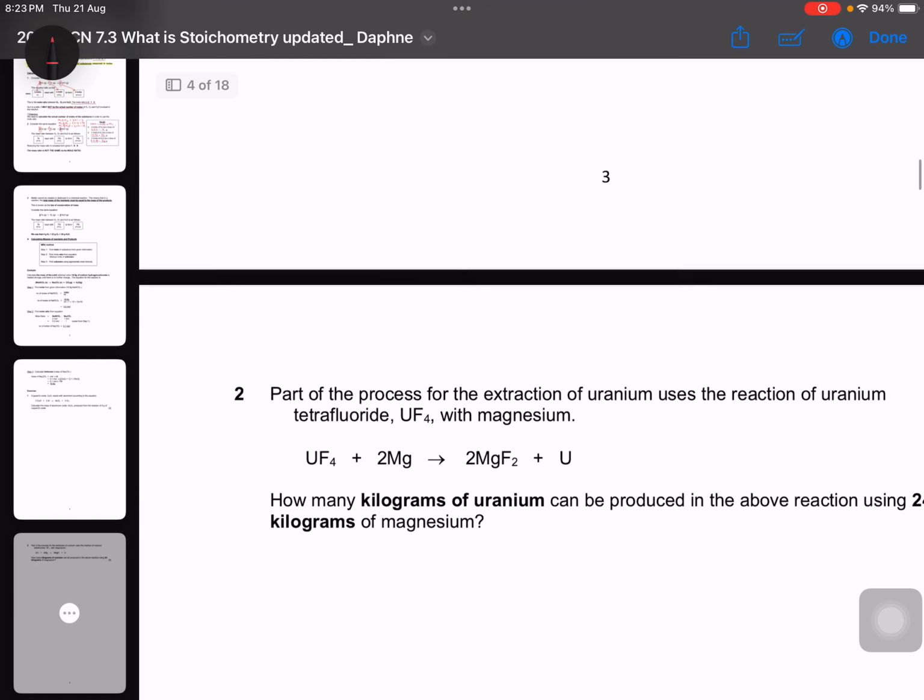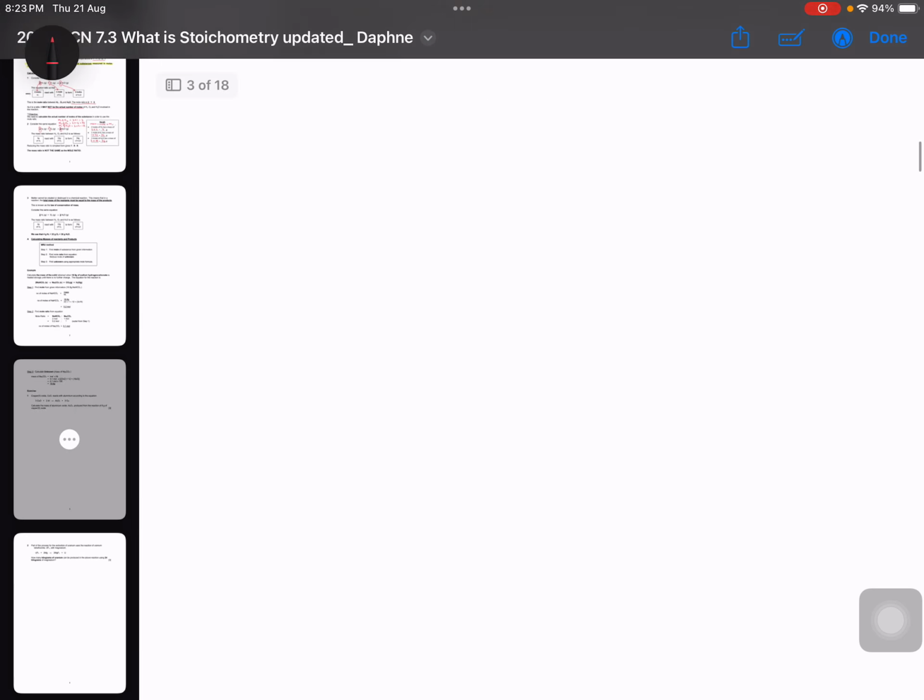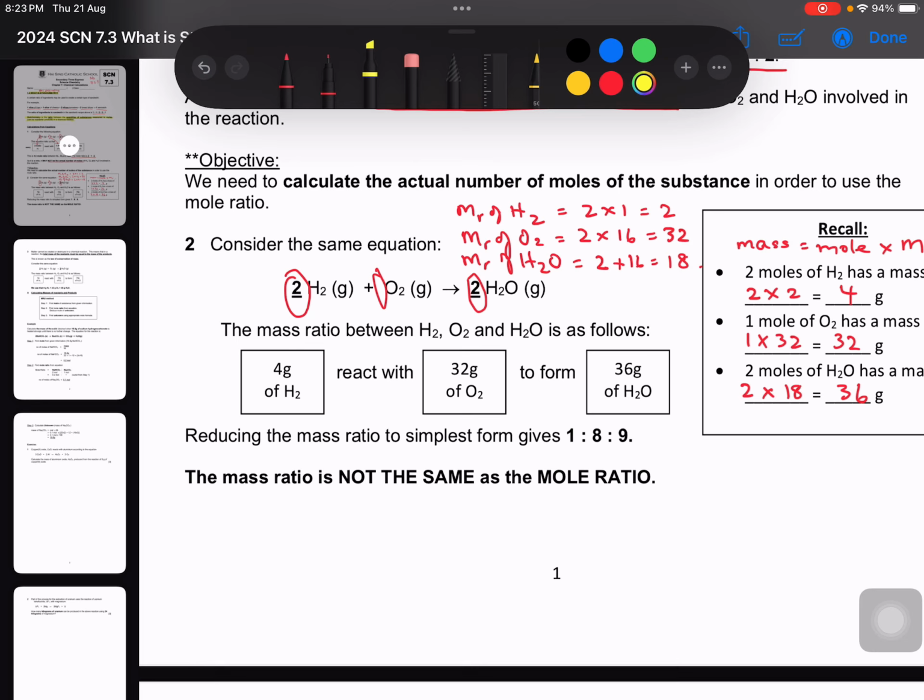So if we are talking about the ratio of mass, then the mass ratio will actually be 4 grams of hydrogen, 32 grams of oxygen, and 36 grams of water, based on our calculation from here. So 4 grams is to 32 grams is to 36 grams.